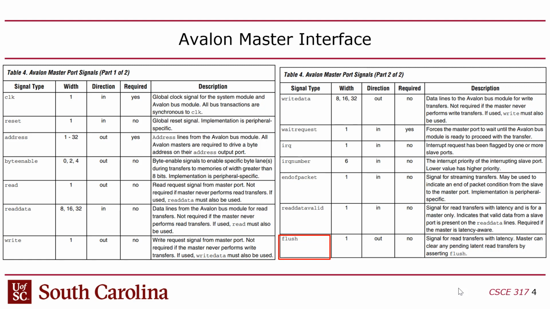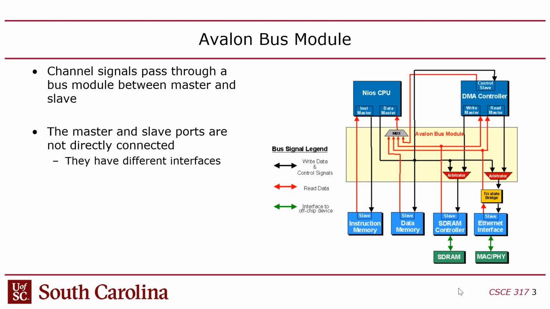So there's a clock. This is from the master side. In our case, usually the only two masters are the CPU or a DMA controller. Remember I mentioned DMA briefly at the beginning of the semester. DMA is where you have this thing that takes care of moving data on behalf of the CPU.